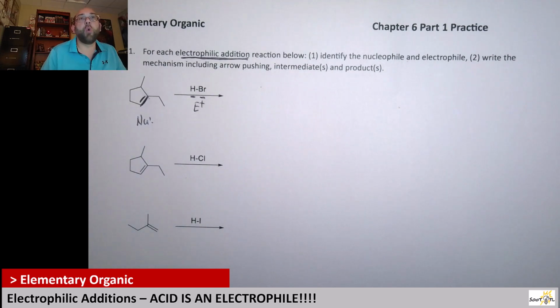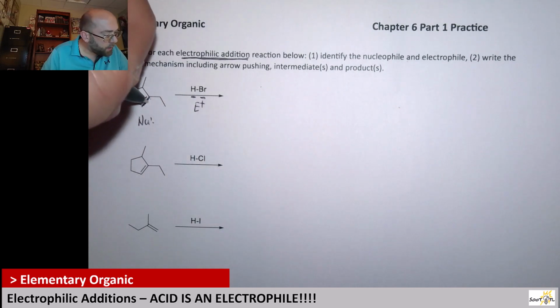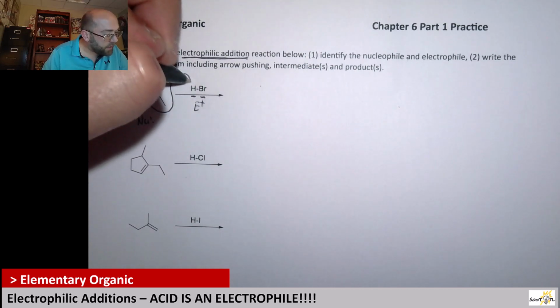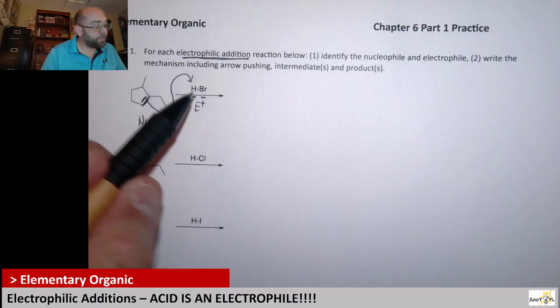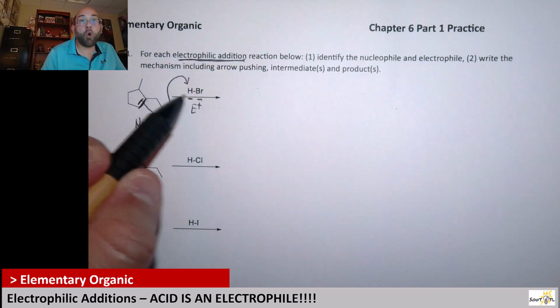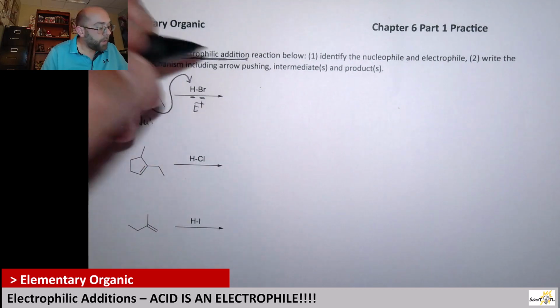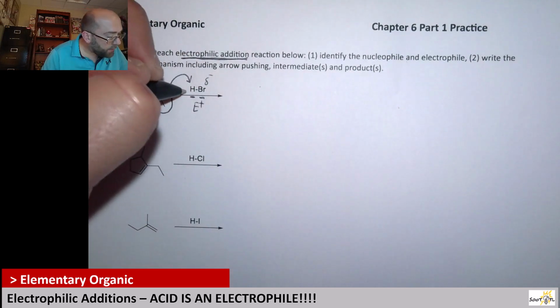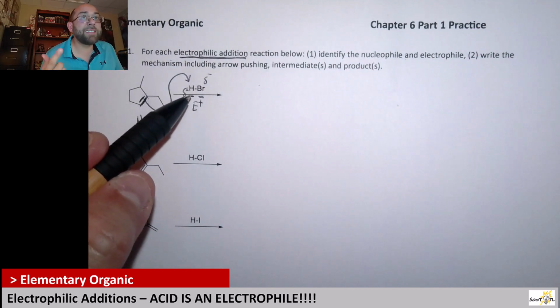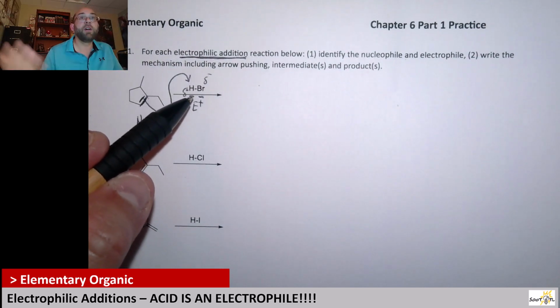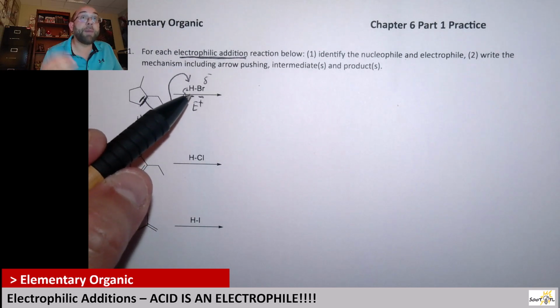So what's going to attack? Well, the only thing that's electron rich is the pi bond here. So you're going to see it attack specifically the hydrogen. Why is it going to attack the hydrogen? Because this is a polar bond where the bromine is more electronegative than the hydrogen, and we also think of acids as proton donors. So where does that positive charge come from?